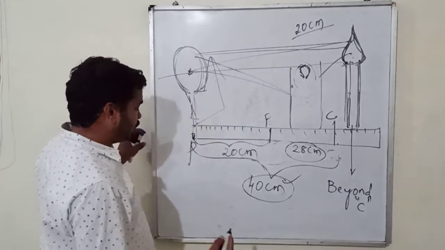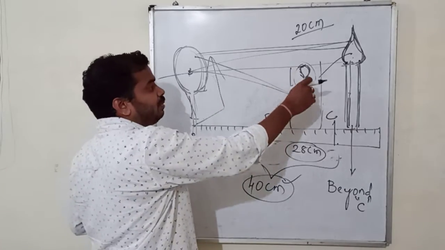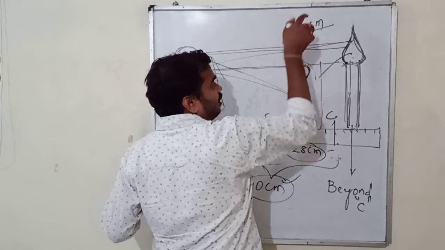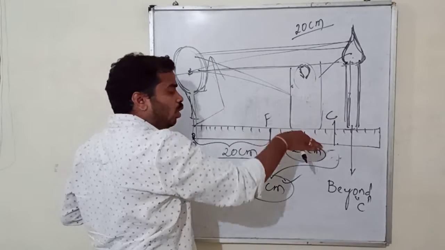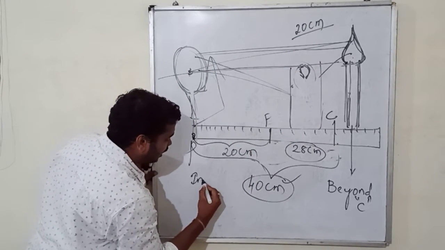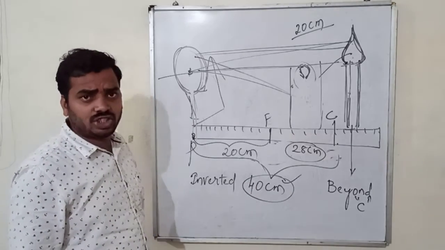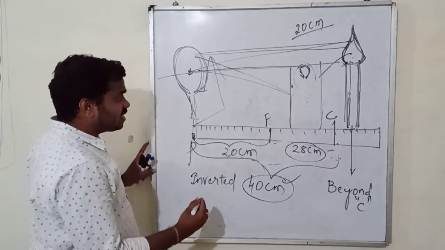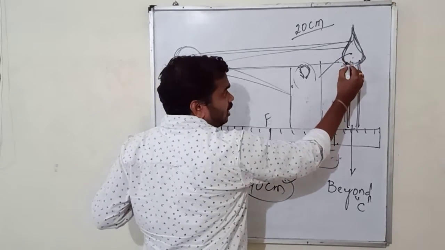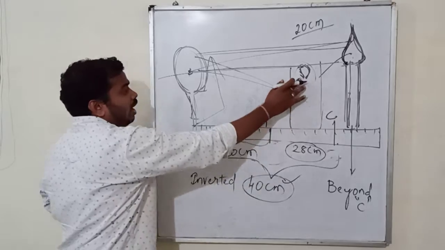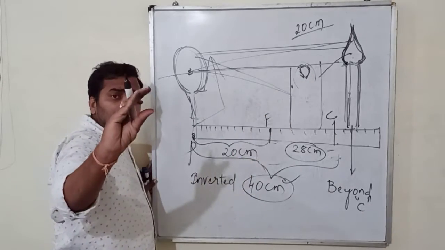How would the image be? It would be in an inverted position. If this is the principal axis, if the flame is upward, here the flame was downward. That is why you will call it an inverted image. Next, you can see the flame size is bigger over here. The object size is bigger, but the image size is smaller.